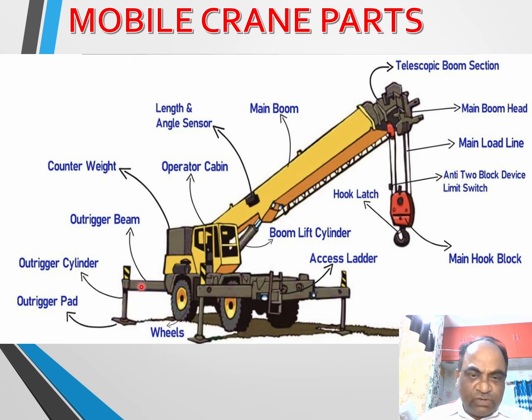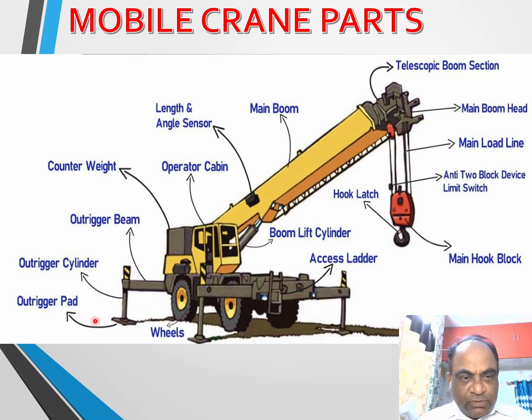So these are the outriggers. Basically, outrigger beam is this, and this is a kind of retractable beam. Once this is not in use, it can be retracted and put in the folded position so that it takes less space.